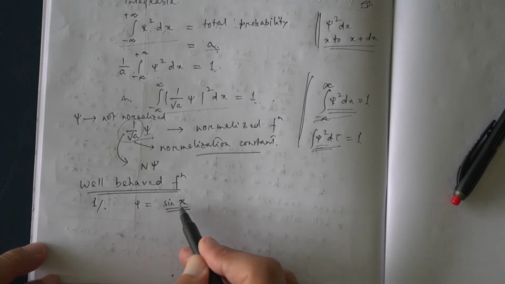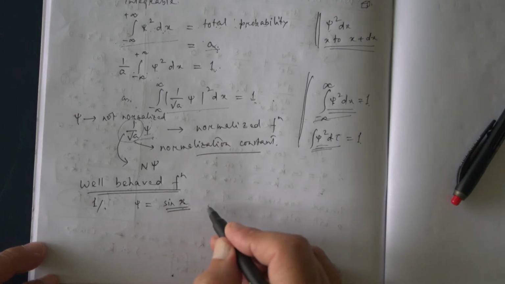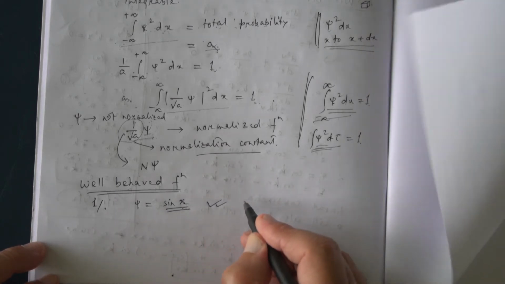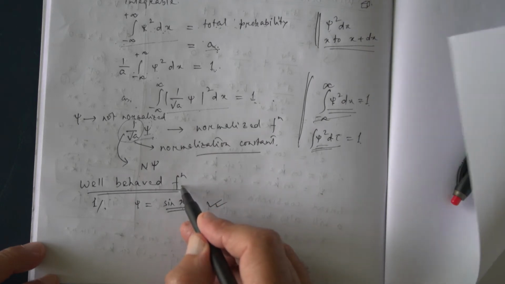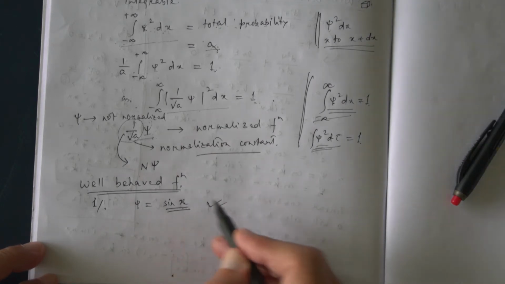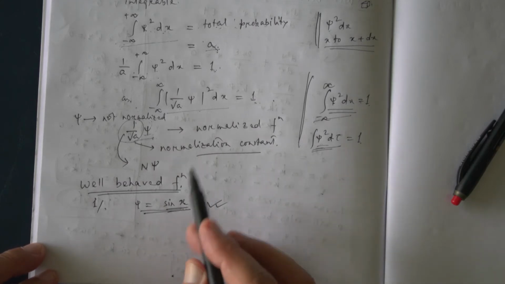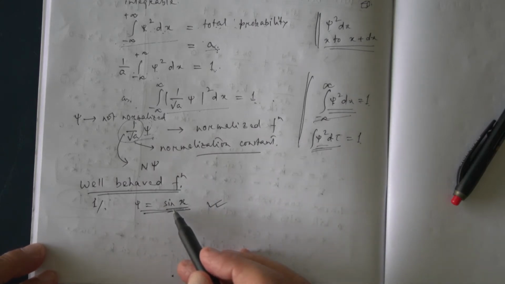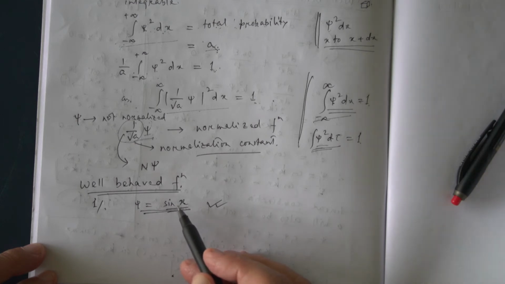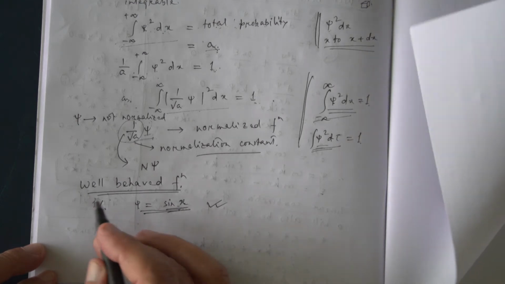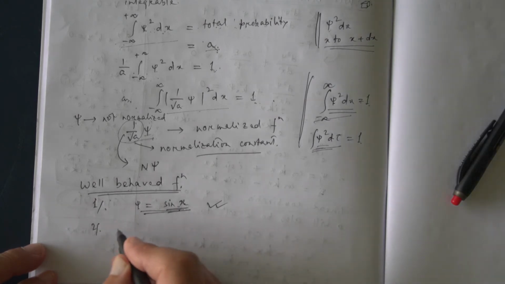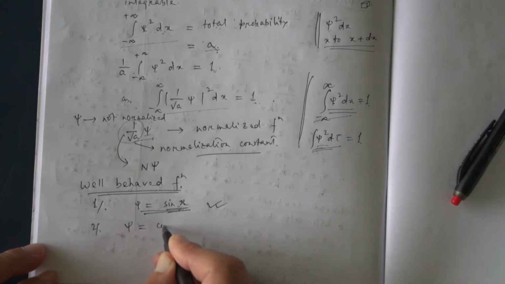So obviously this is finite. It must be well-behaved, because this function obeys all three conditions. It is single valued, it is continuous, and it is finite. Alright. Another example, say psi equal to cos x.